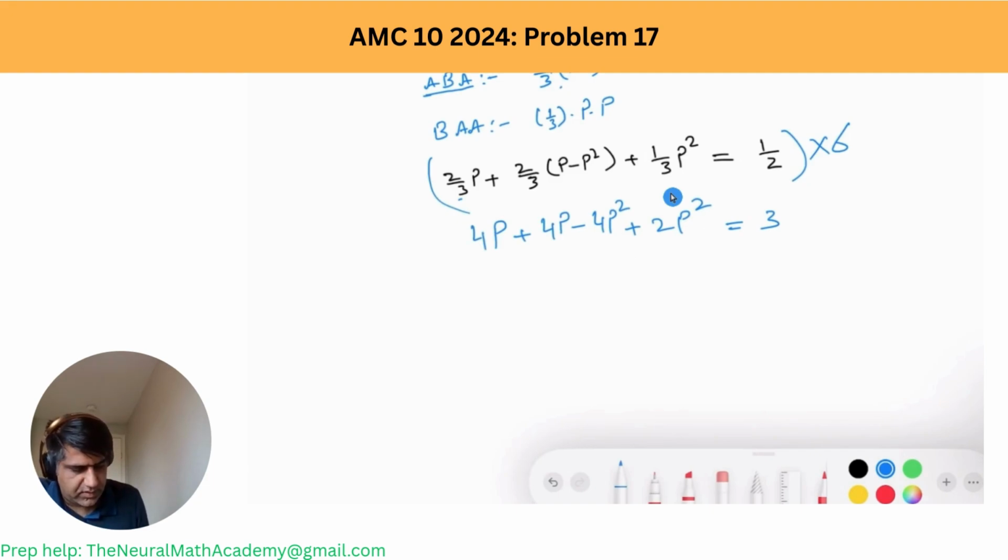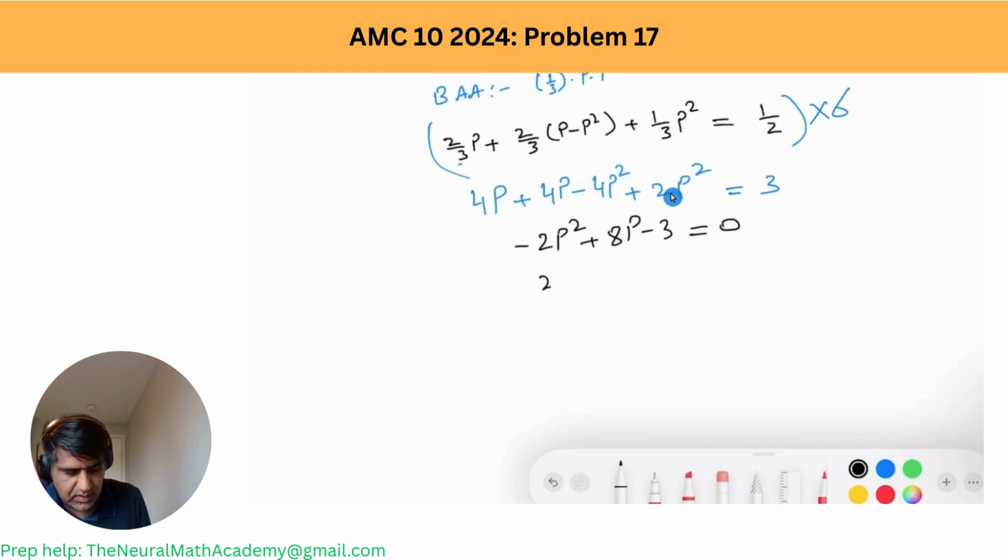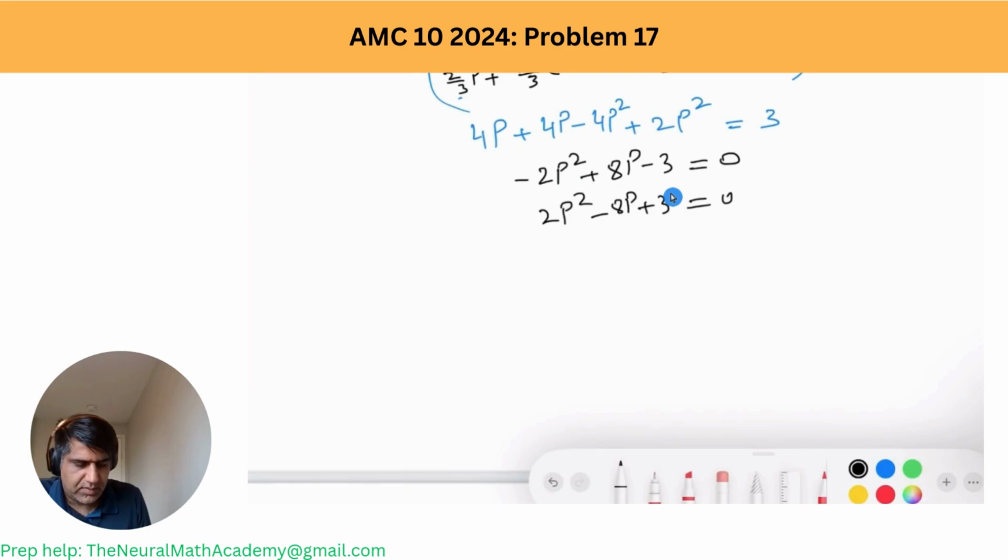Now if I simplify, I would get minus 2P square plus 8P minus 3 equal to 0. Or I can also write it like this. And now I can apply the quadratic formula to find P.